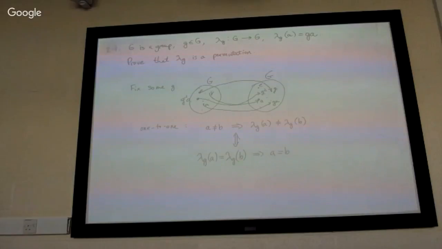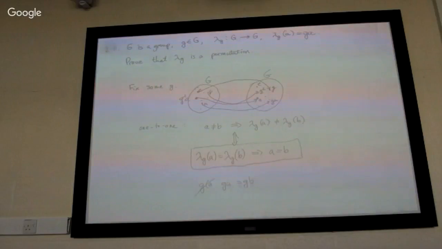So I think this is probably the easier bit to prove in this case, not immensely hard like the other one. This is telling you that if g times a equals g times b, then of course you've got the same element.